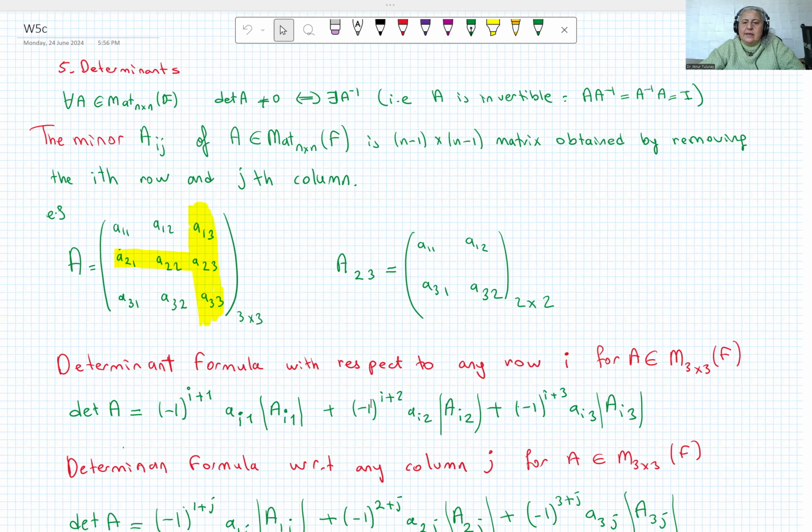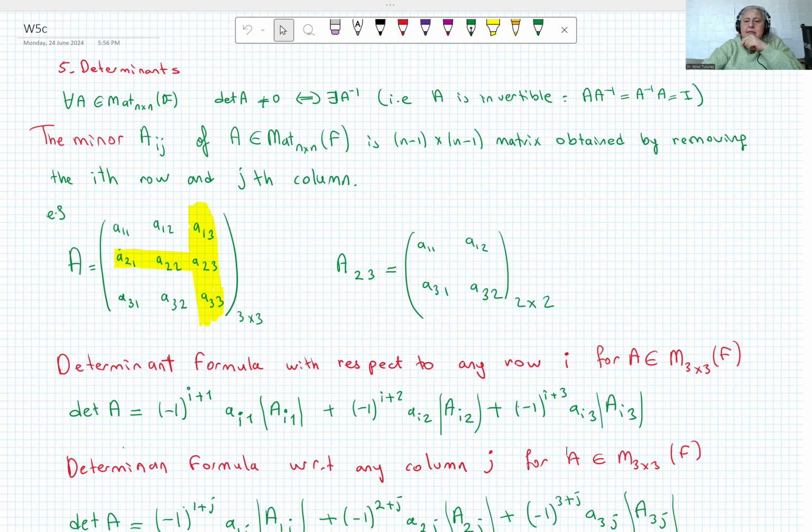Then you have minus 1 to the power i plus 2, times Ai2, times the determinant of that minor, and then minus 1 to the power i plus 3, times Ai3, times the determinant of its minor. So you focus on either one row or one column, and that gives the formula for the determinant.